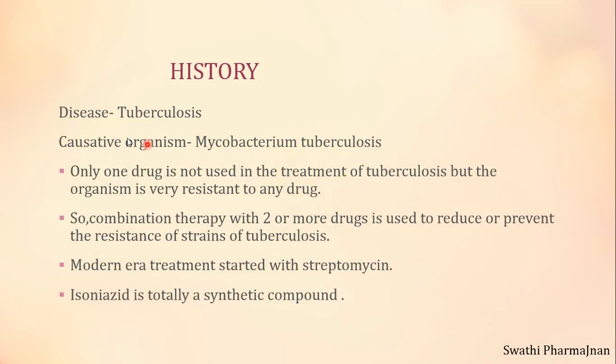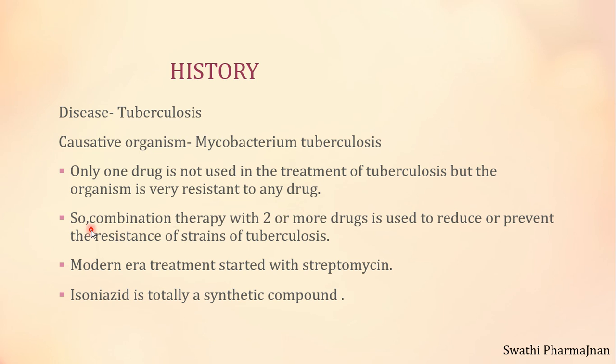The history of tuberculosis: the disease name is tuberculosis, and the causative organism is Mycobacterium tuberculosis. Only one drug is not used in the treatment of tuberculosis, because the bacteria is very resistant to any single drug which we give.